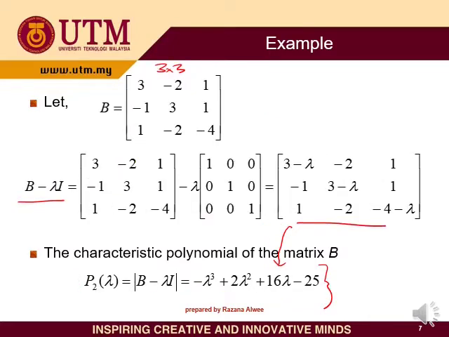This is the 3 by 3 matrix. As you can see, for a 3 by 3 matrix, we will have 3 eigenvalues: eigen 1, eigen 2, and eigen 3. Now, if you try to solve it directly, like I mentioned before, you find the determinant of this matrix, so you will get the polynomial.